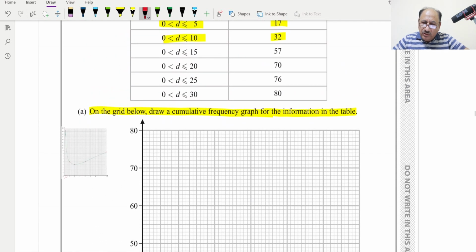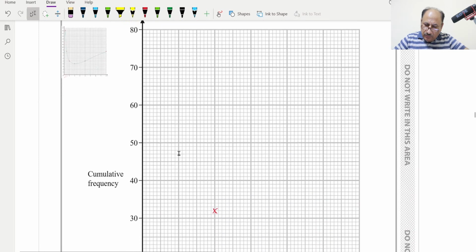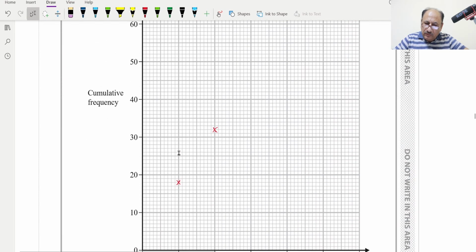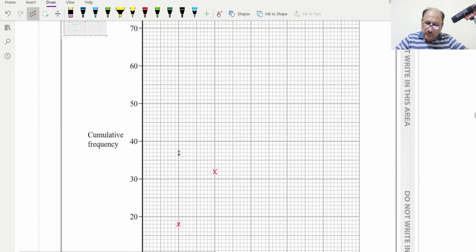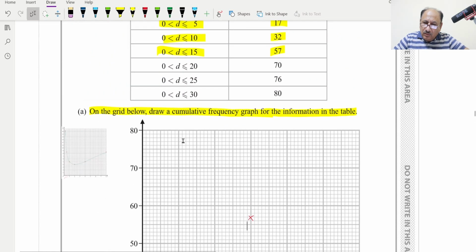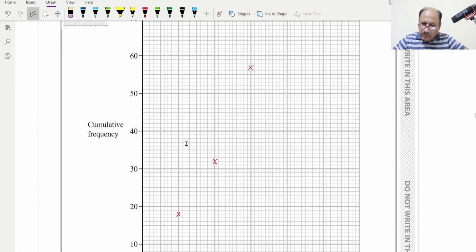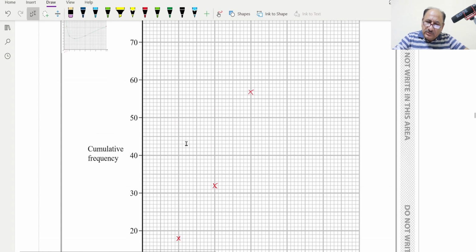The next value is up to 15 and 57, so up to 15 and 57 will be this point. Then up to 20 this will be 70, so 20 it is 70 will be this mark.